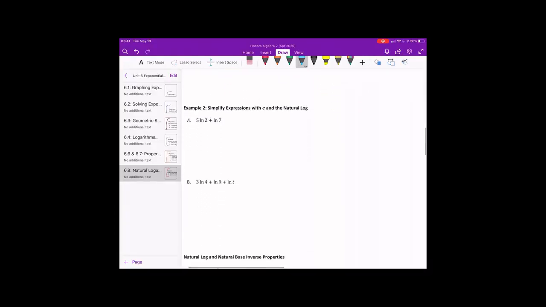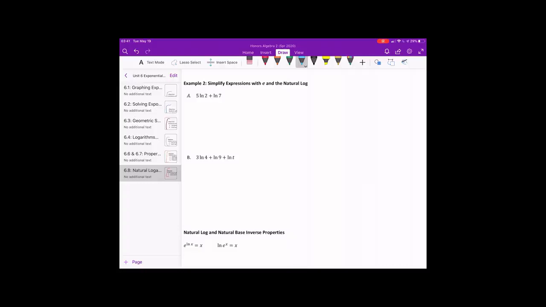All right. In example 2, we're going to be looking at how to simplify expressions using e and natural log. Our properties are the same as what we looked at in sections 6 and 7. So again, if it's a property for a log, it's a property for a natural log. Simplifying this completely, we have two rules going on.